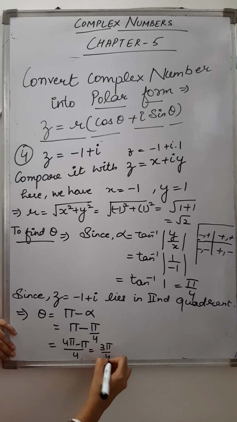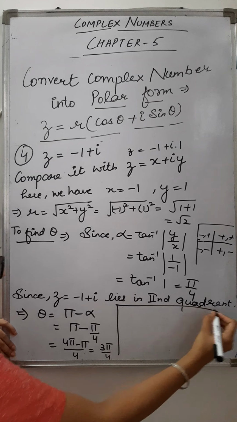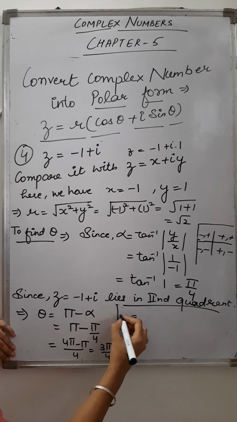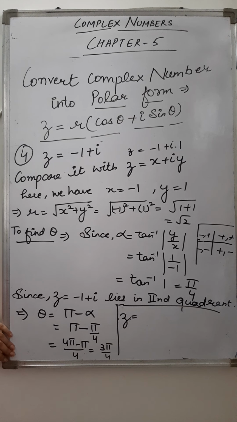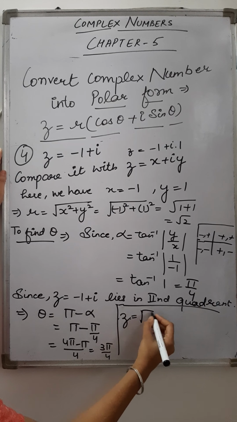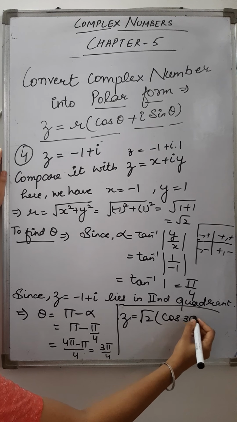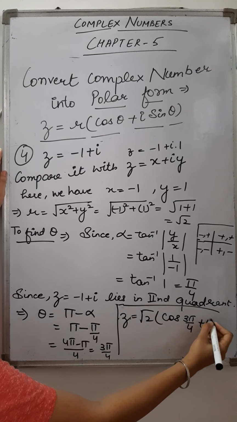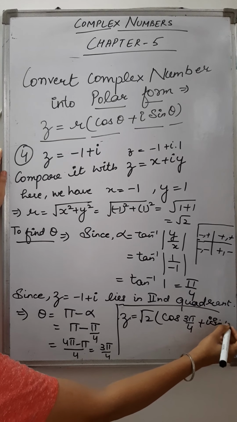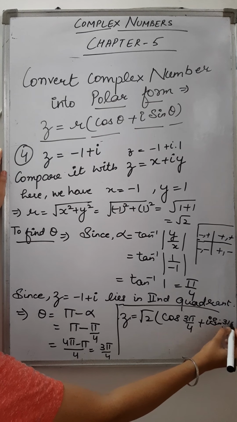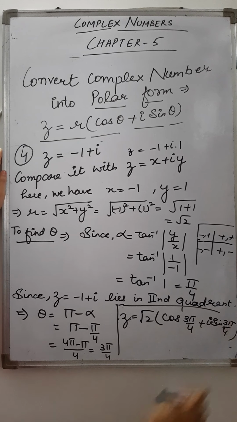This is your theta, and the polar form is z is equal to r cos theta plus iota sin theta. r is under root 2, cos of 3 pi by 4 plus iota sin 3 pi by 4. This is your answer. So let's see the next question.